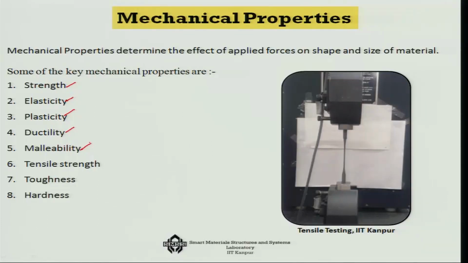This is one common point that you often come across, that ductility and malleability are not the same, okay? Because both of them of course refer to how you are deforming a material, mainly the plastic deformation, but while ductility refers to the deformation under tensile condition, malleability generally refers to deformation under compressive conditions.